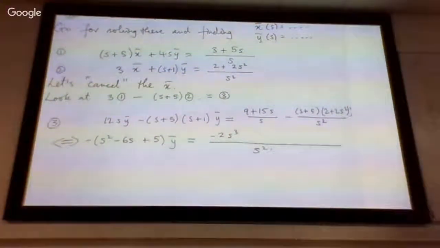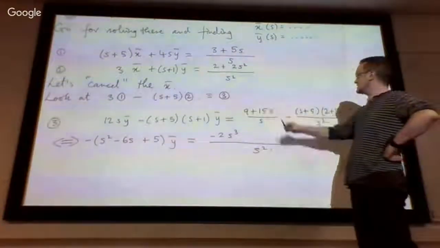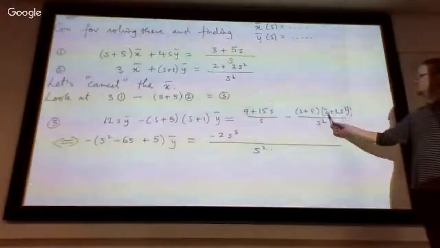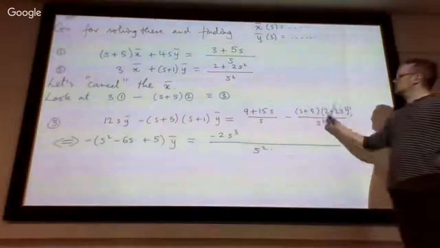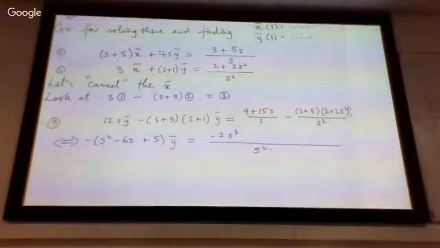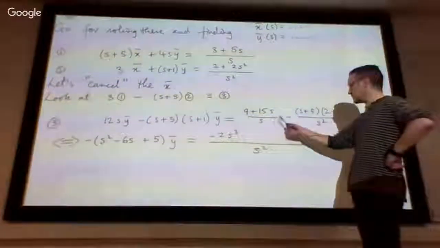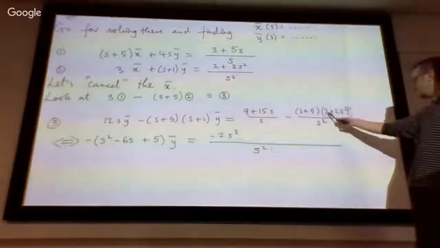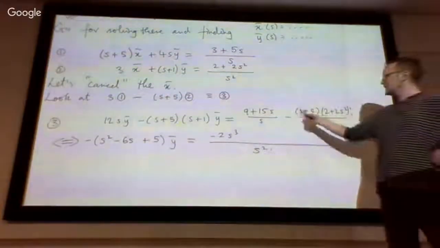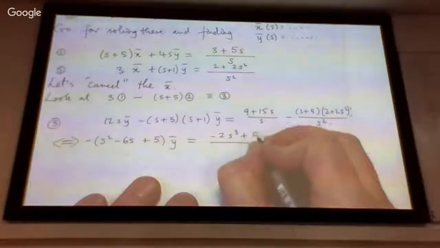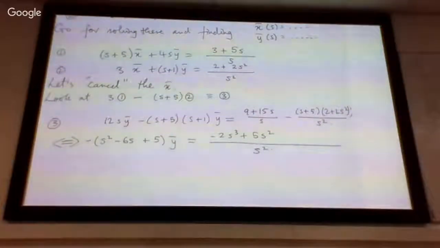The S squareds, you're going to end up with 15S squared from here. Sorry, I'm looking for S squared. So you 15 minus 10. Yeah, 5 times 2S squared. It's 10S squared minus 10S squared, 15. So plus 5S squared. And then just S's and constants.